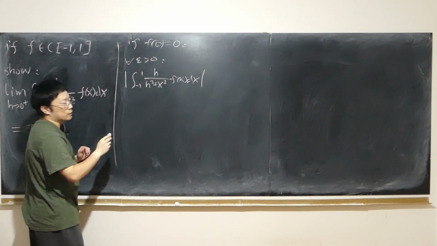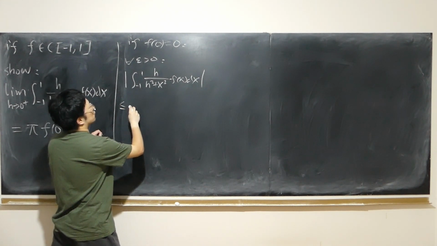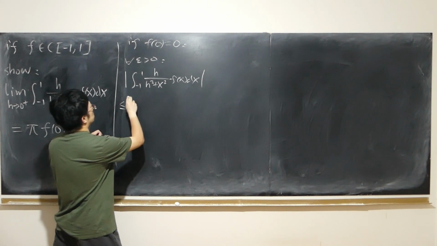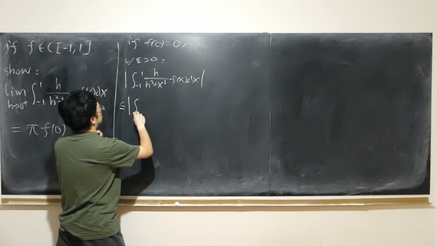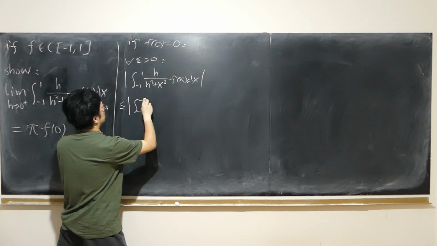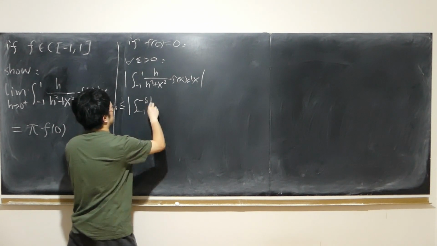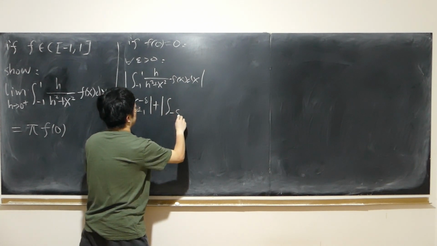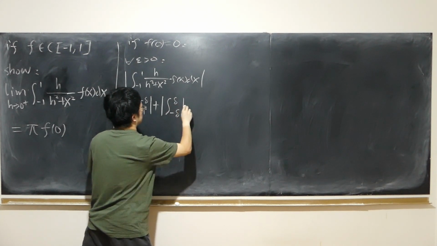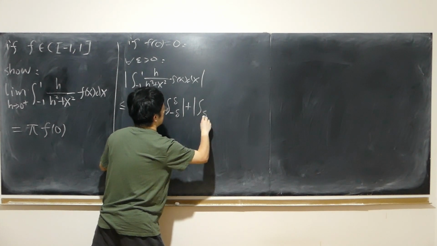First, let me loosen the inequality a little bit: no larger than, I'm going to break it into 3 integrals. The absolute value of the integral from -1 to negative delta, where delta is positive, plus the integral from negative delta to delta, plus the absolute value of another integral from delta to 1.